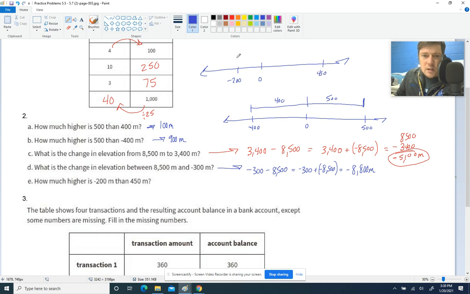This number is not higher, but their distance apart is 200 to get to 0, and another 450 to get the rest of the way. So the distance is 650. But since the way they phrased it, how much higher, it would be negative 650 meters higher, because technically it's lower. So we're going to write negative 650 meters there.